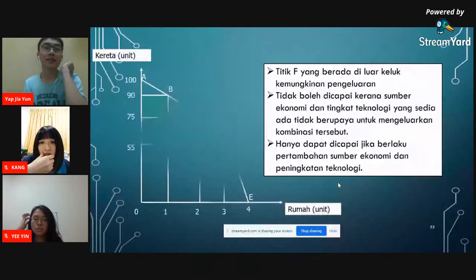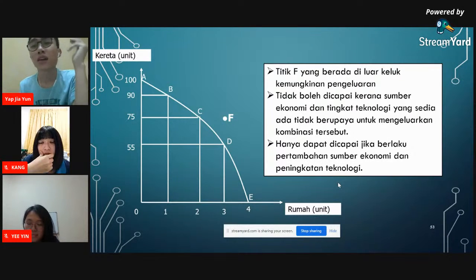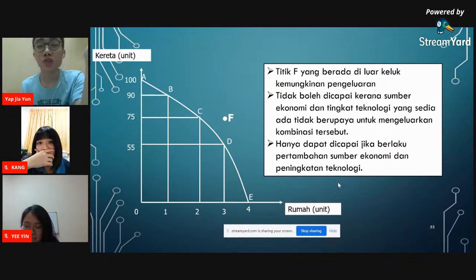Apa terjadi apabila titik kombinasi pengeluaran berlaku di luar keluk kemungkinan pengeluaran? Ini bermaksud ekonomi tidak boleh mencapai kombinasi pengeluaran itu, kerana sumber ekonomi dan tahap teknologi yang sedia ada tidak berupaya mengeluarkan kombinasi tersebut.